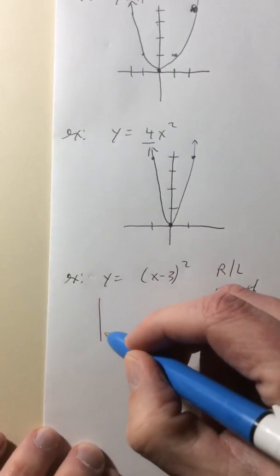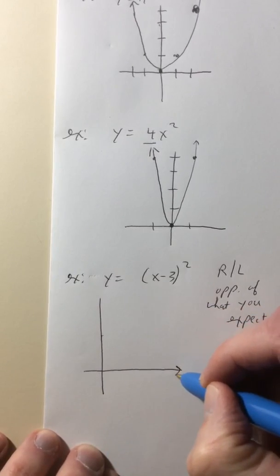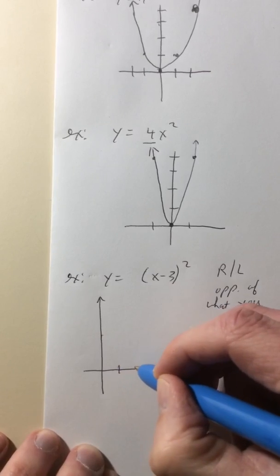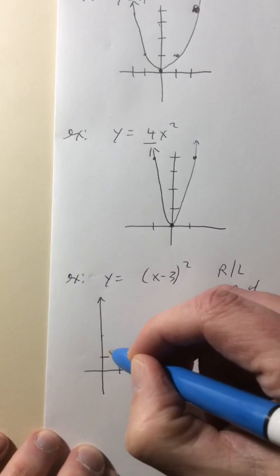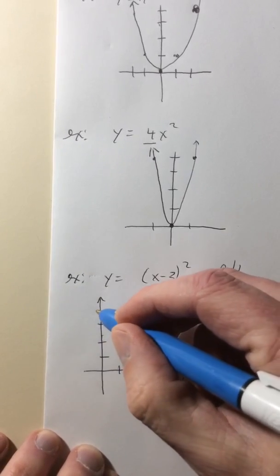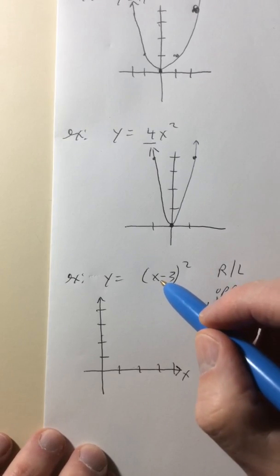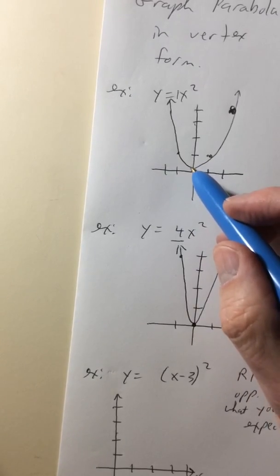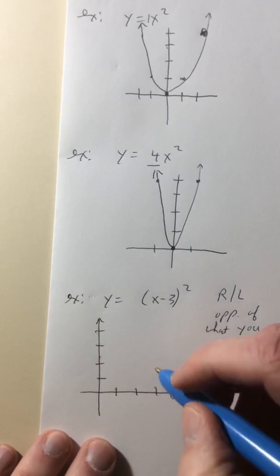So for our purposes, I'm just going to draw the right side of the graph over here because that's all we need. So it says that the vertex is 3 to the right of where it usually is. Well, it's usually right there, so we're going to move it 3 to the right. So it's usually right here, so 3 to the right is right here.